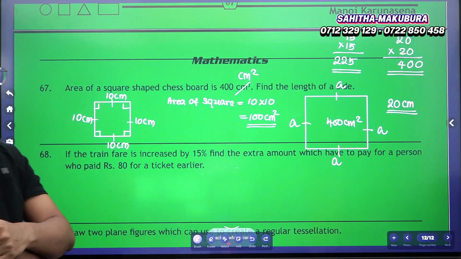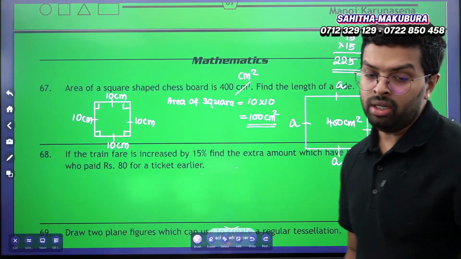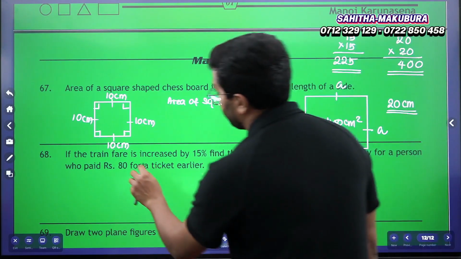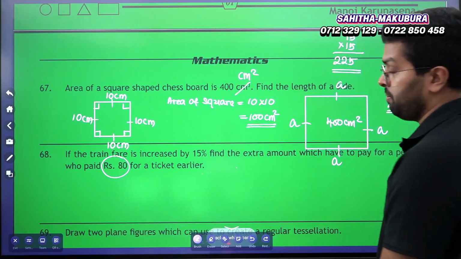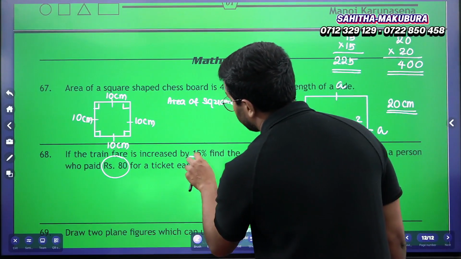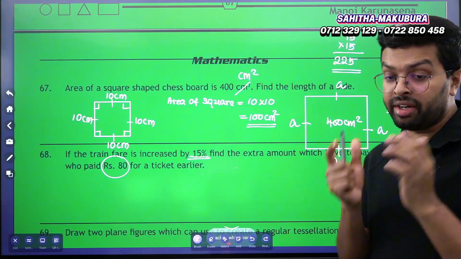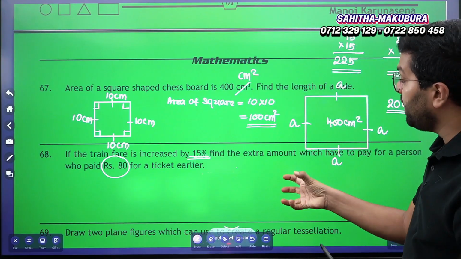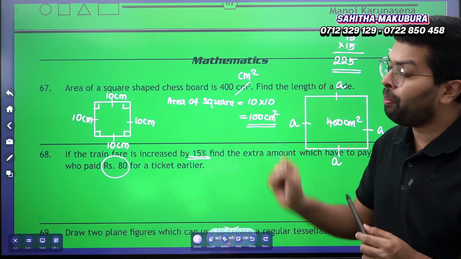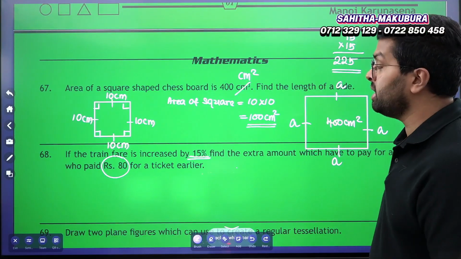68. If the train fare is increased by 15%, find the extra amount which has to be paid by a person who paid 80 rupees for a ticket earlier.